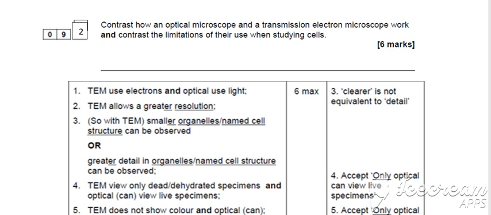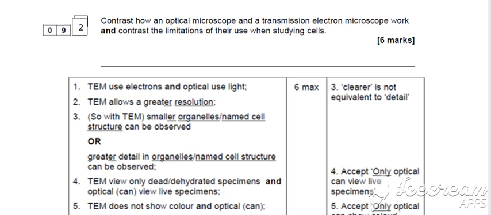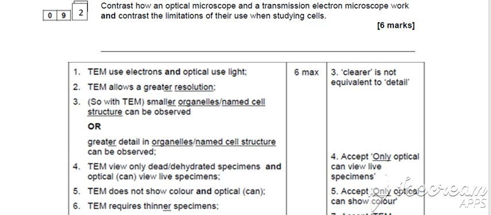So it's the idea that the transmission electron microscope will use electrons to work, whereas the optical microscope will use light. The transmission electron microscope will allow a greater resolution than the optical microscope. Because of this greater resolution, with the transmission electron microscope, you can see smaller organelles.